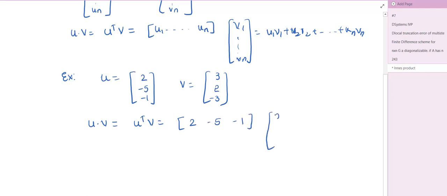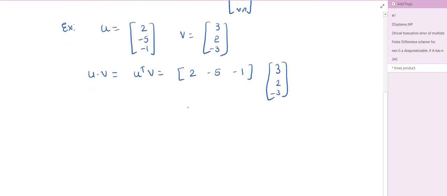This is into 3, 2, minus 3. So if I multiply, it is simply 2 into 3 plus minus 5 into 2 plus minus 1 into minus 3. It is 6 minus 10 plus 3. So this is minus 1.